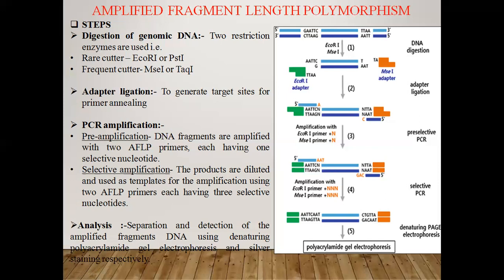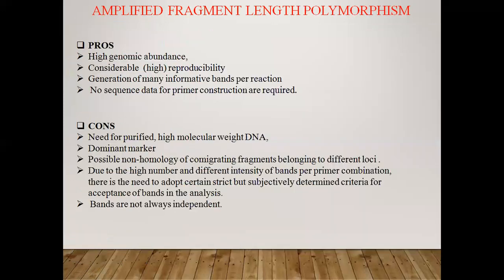After these steps, as I said, there are some pros and cons. It has high genomic abundance and high reproducibility, which is the most important feature of AFLP, and generation of many informative bands per reaction. The cons are that there is a need for purified, high molecular weight DNA. And yes, it's a dominant marker.